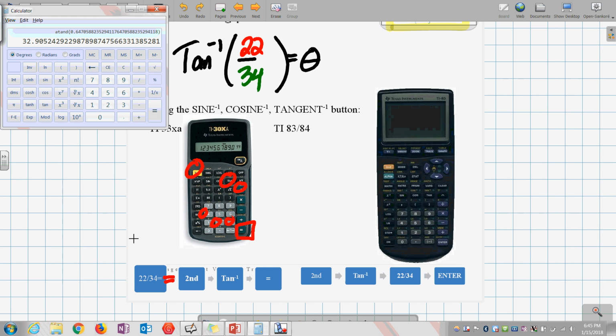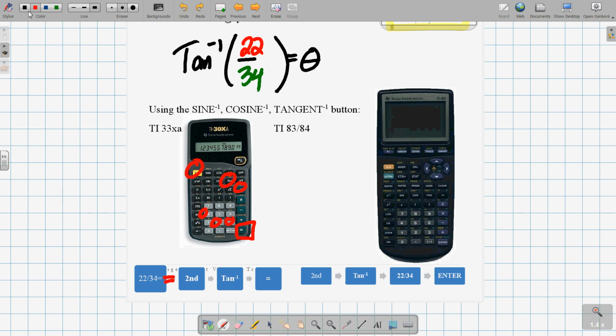And you're going to round to the nearest whole degree. So I have 32.9. We're going to call this approximately 33 degrees.